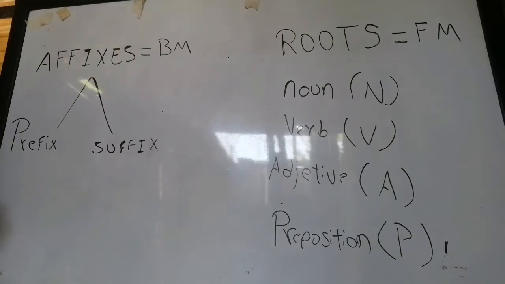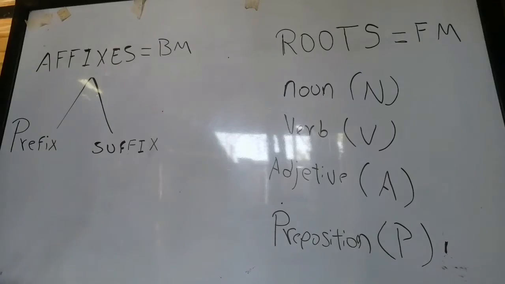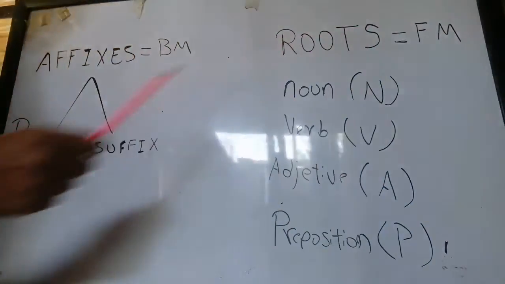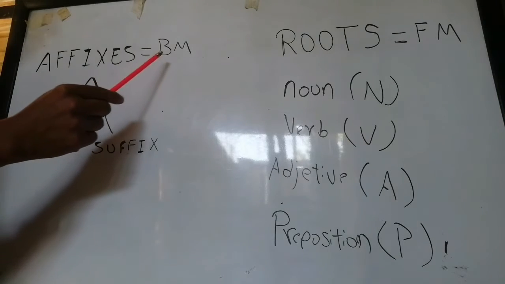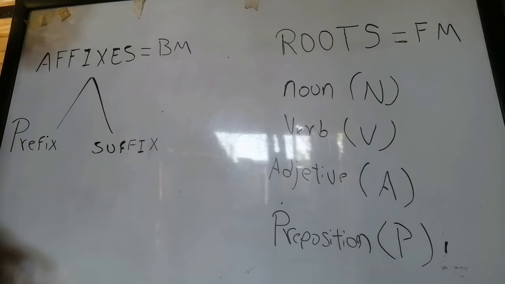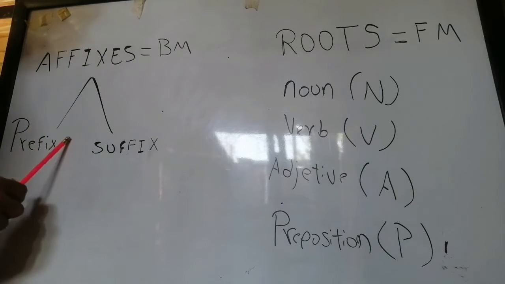Okay, guys, now we are going to learn about roots and affixes. Okay, so roots equal free morphemes and affixes equal bound morphemes. A complex word typically consists of a root morpheme and one or more affixes.